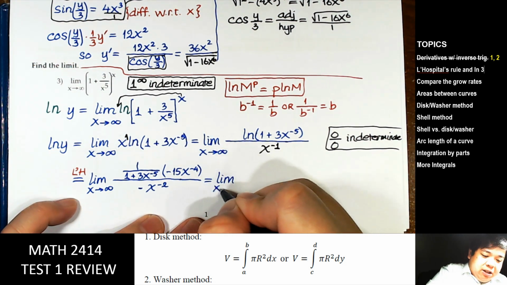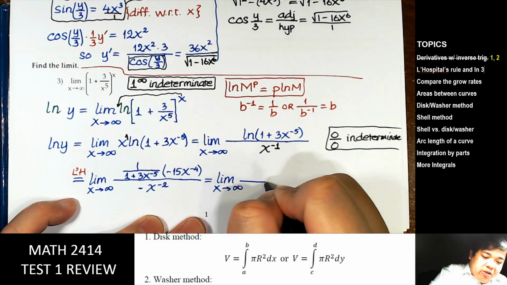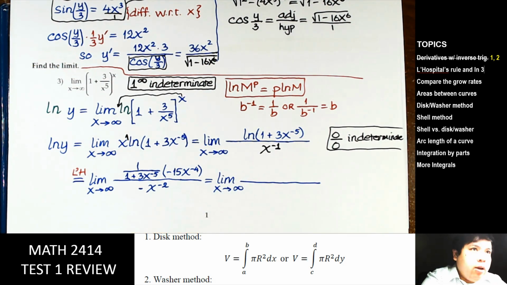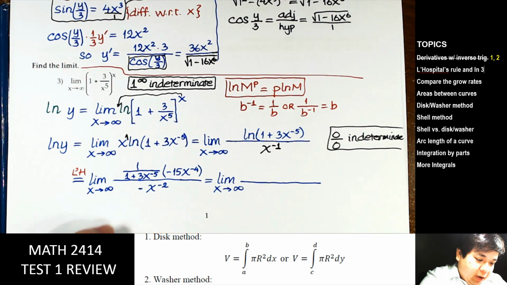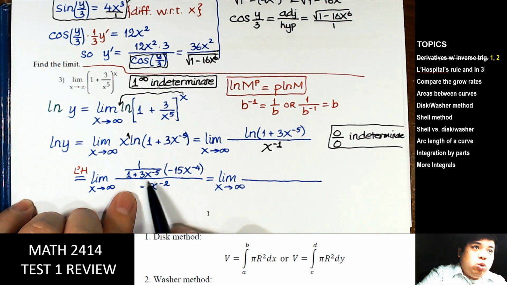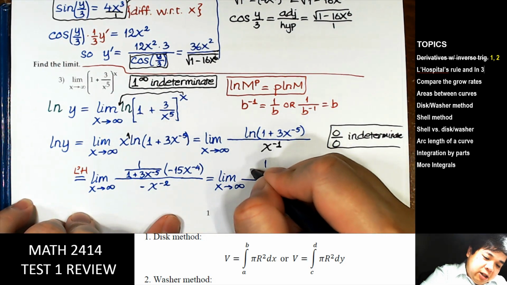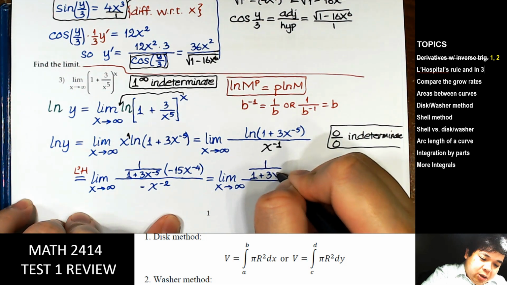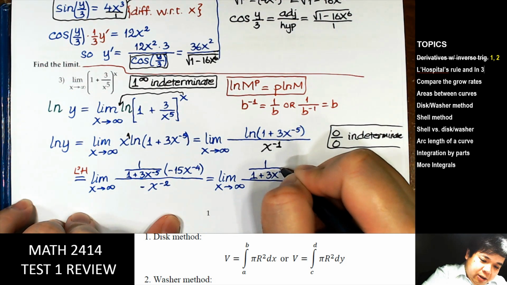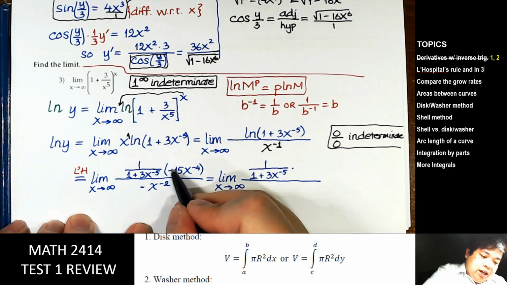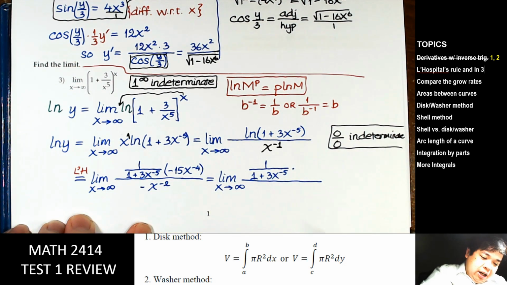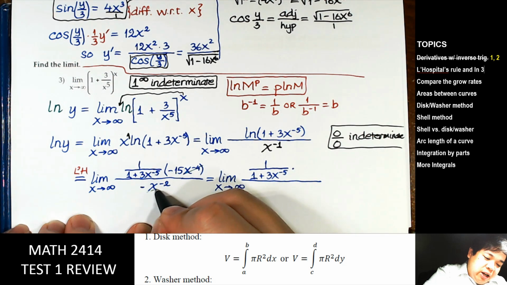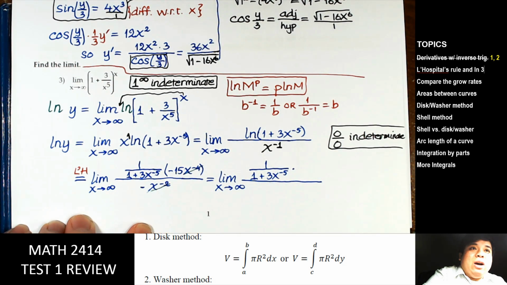First we have the limit and one big fraction. This fraction will stay the same, so let's just write 1 plus 3x to the negative 5. Negative and negative cancel out. x to the negative 4 and x to the negative 2 combine.